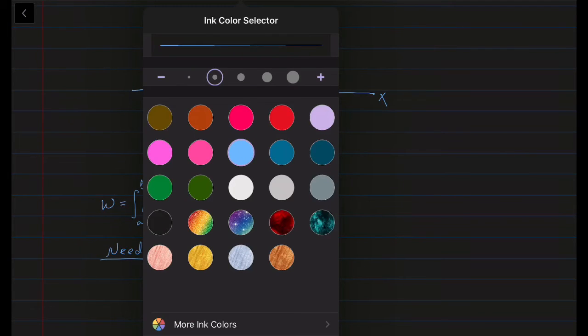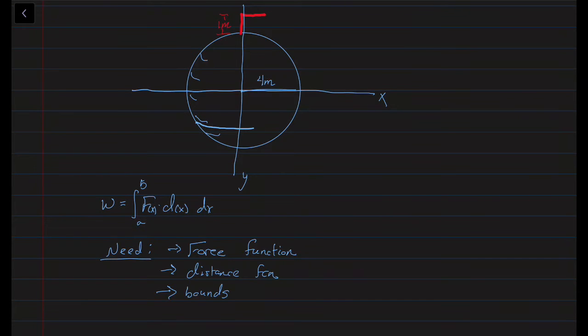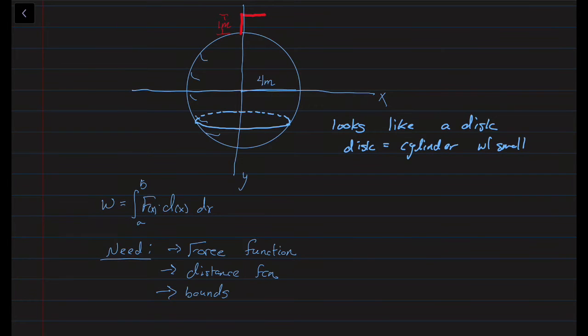If we were to look at a slice of this sphere, say, let's make it just a little thicker, this little slice here, and we get in really close, if our height is really small, it looks like a disc. And as we know, a disc is just a cylinder with a really small height.